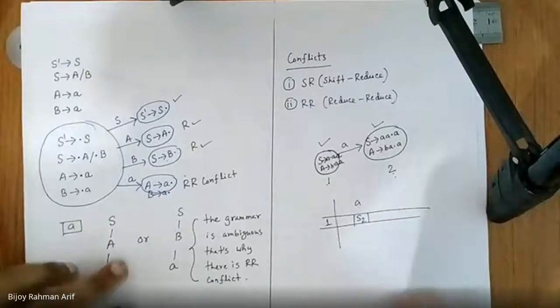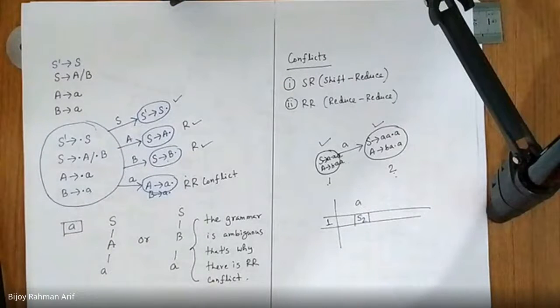S2, shift 2, right? So no problem. There is no question of multiple entries. So why can we get multiple entries?